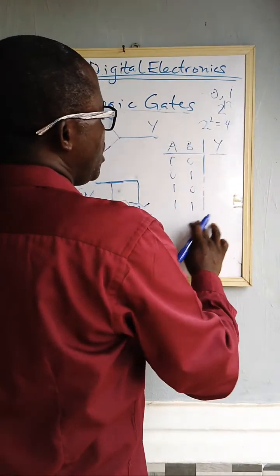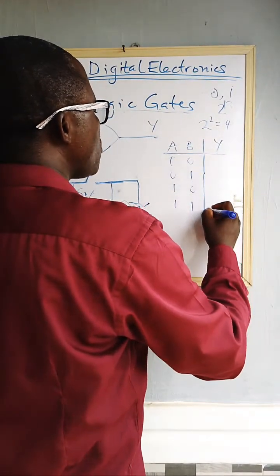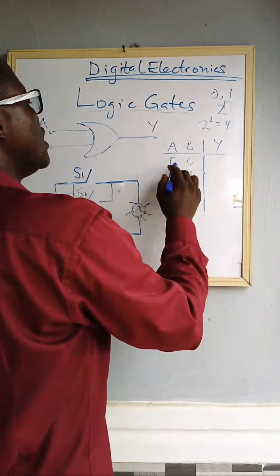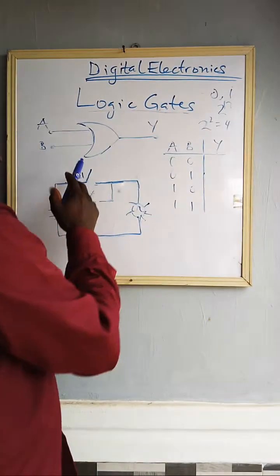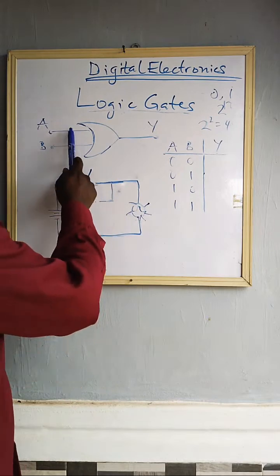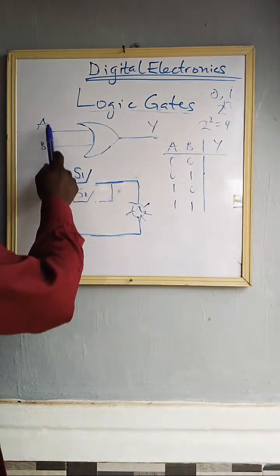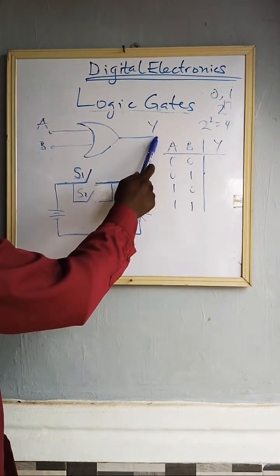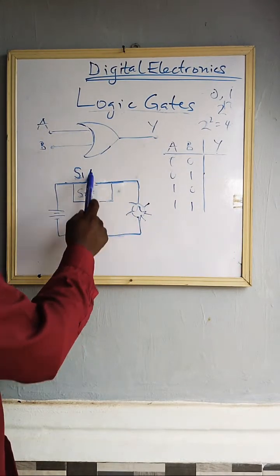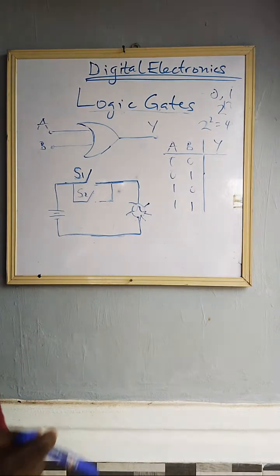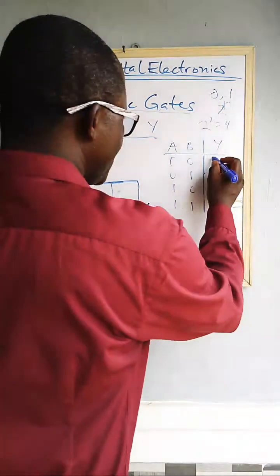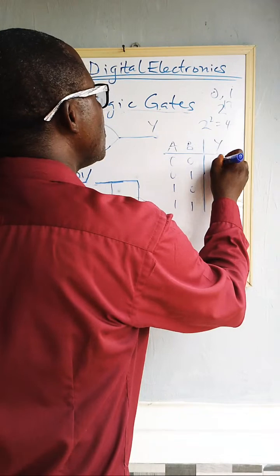Now, what will be the outputs for each one? Let's look at it. When there are no high inputs at the two inputs, then we are not going to have an output. That is, none of these switches is turned on. In that case, we are going to have 0 at the output.